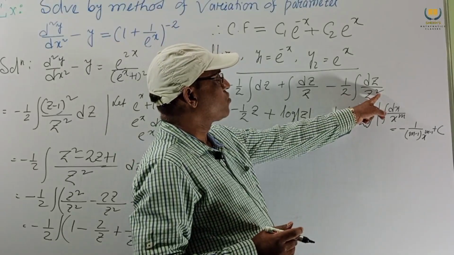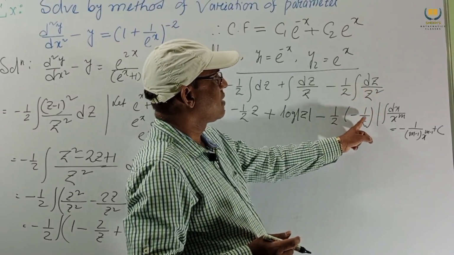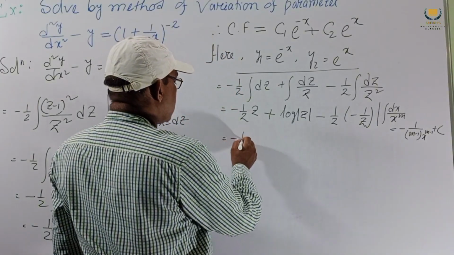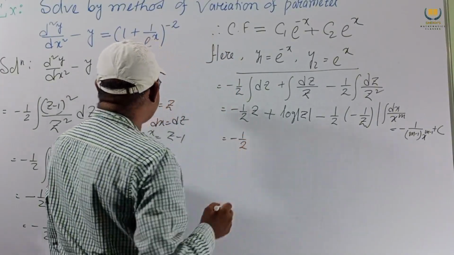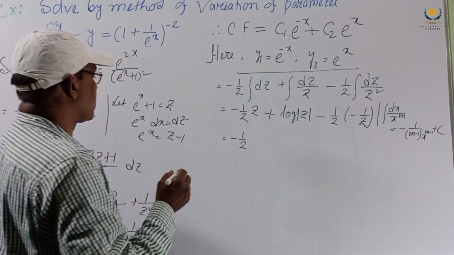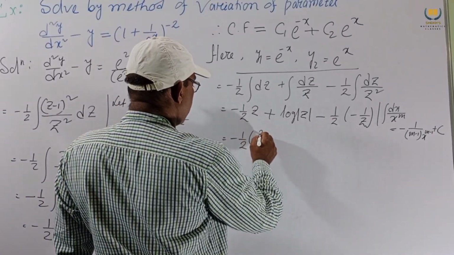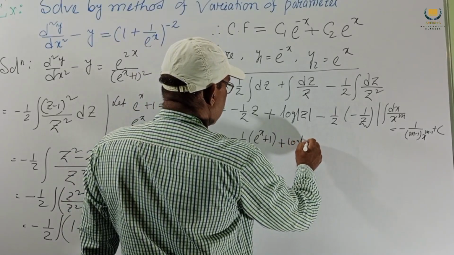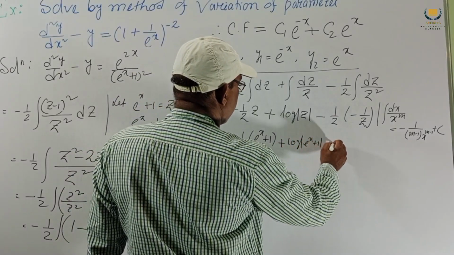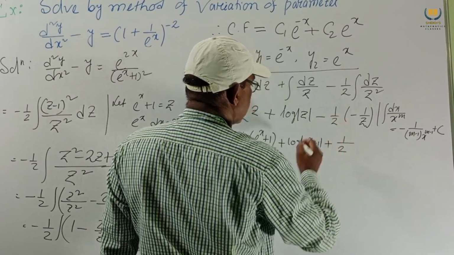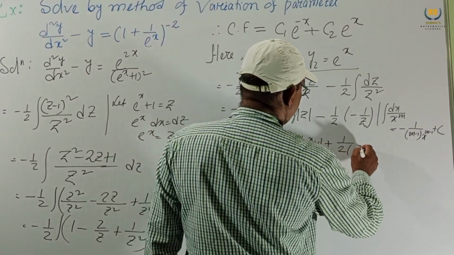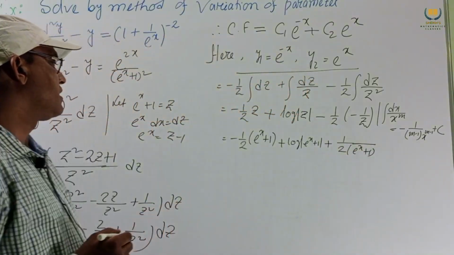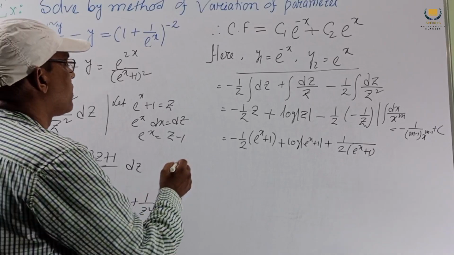So here m means 2, 2 − 1 is 1, directly we get −1/z. So u = −1/2 [z − 2 log|z| − 1/z], where z means e^x + 1. We get this. This is our u.